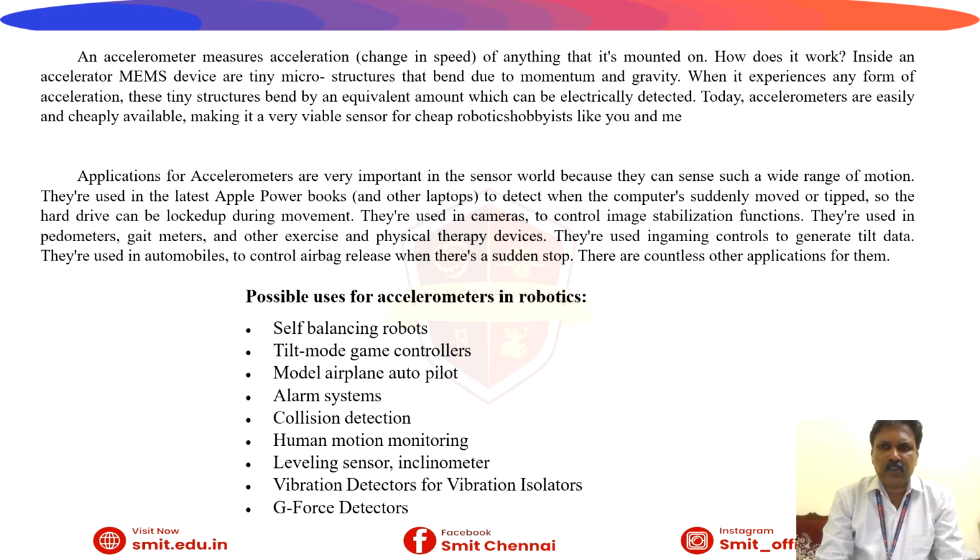How does it work? Inside the accelerometer, the MEMS device, are tiny microstructures that bend due to momentum and gravity. When it experiences any form of acceleration, these tiny structures bend by an equivalent amount, which can be electrically detected. Due to the deflection we can detect it electrically.